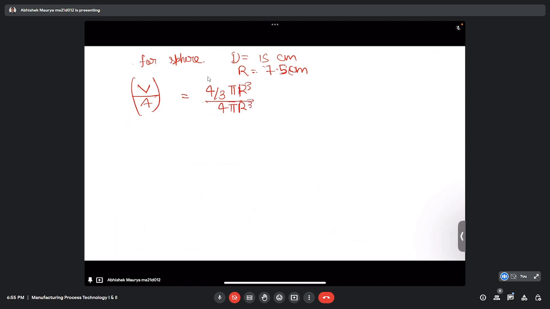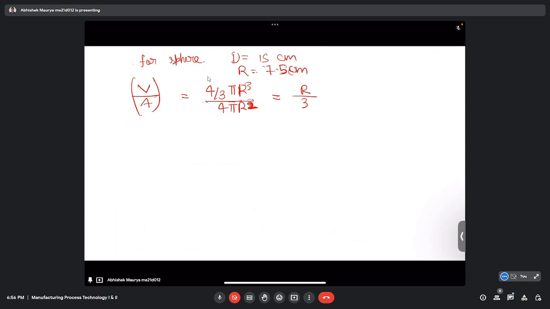This is the volume of the sphere, and the denominator is the surface area of the sphere. If you solve it, we get r by 3.